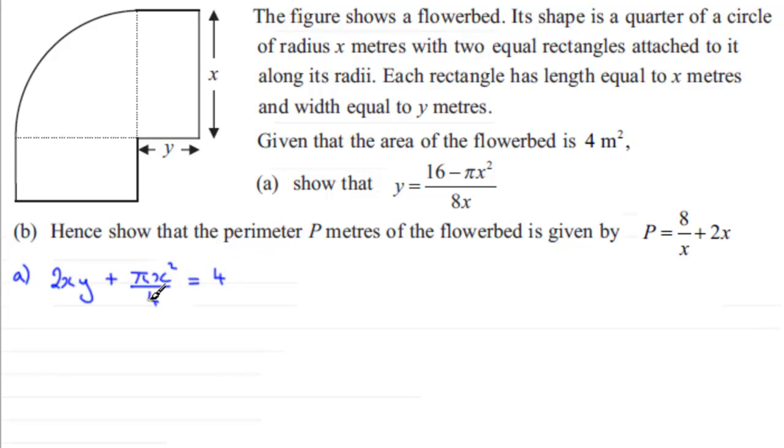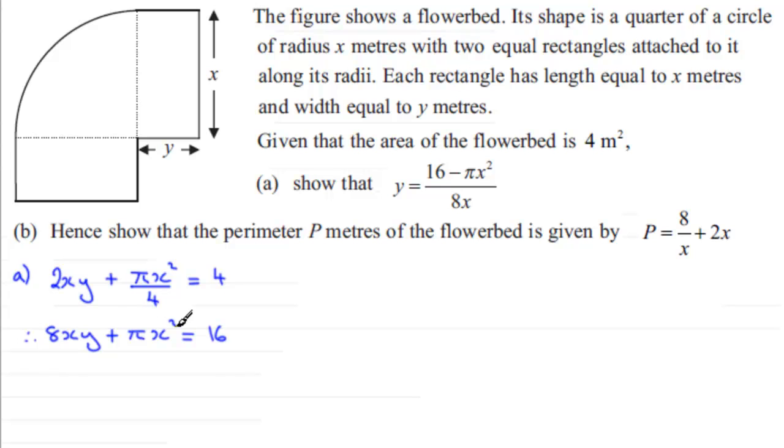Now all I've got to do is multiply each side by 4. So 2xy times 4 gives me 8xy. This term, when you times it by 4, the 4s cancel and you're just left with pi x squared. And if you times this side by 4, you get 16.